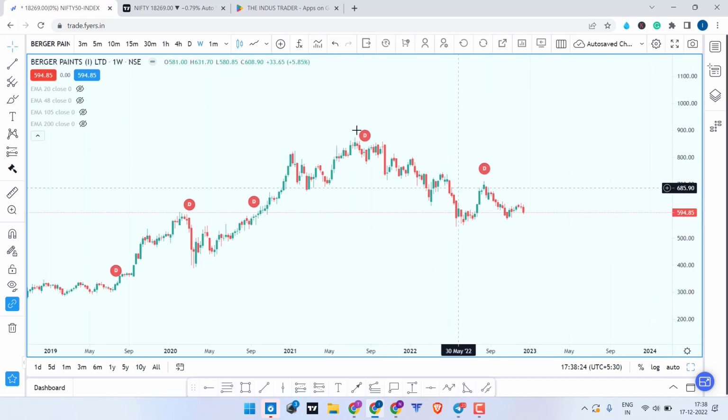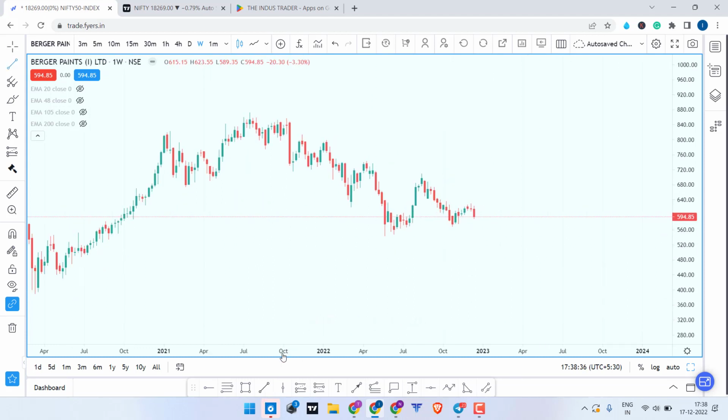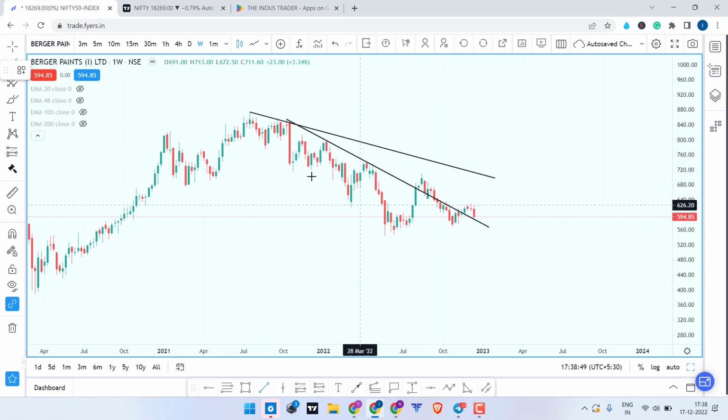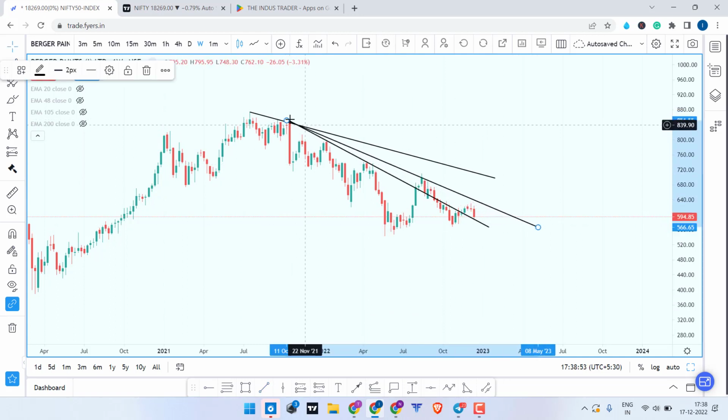Let us take an example. Everyone has their own approach. Let me draw a trend line like this, taking two points, and someone would draw a trend line like this, and someone would draw a trend line like this.